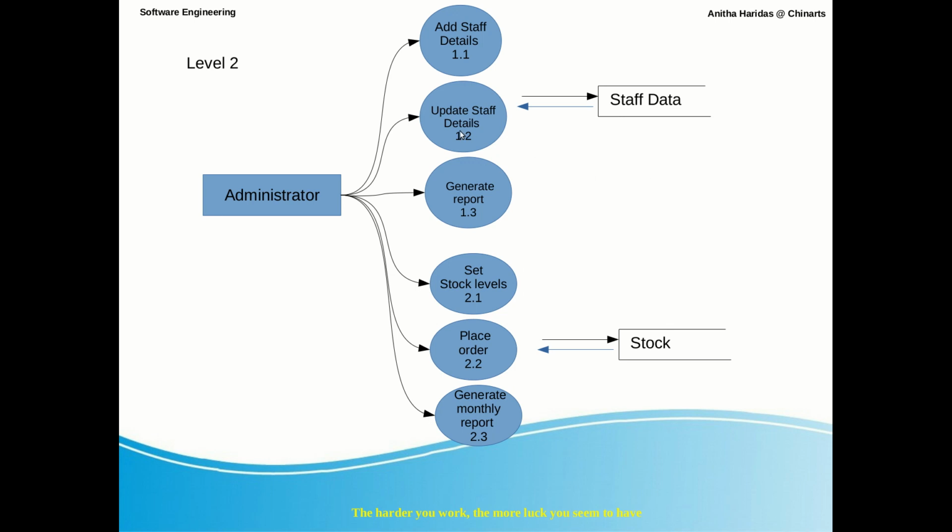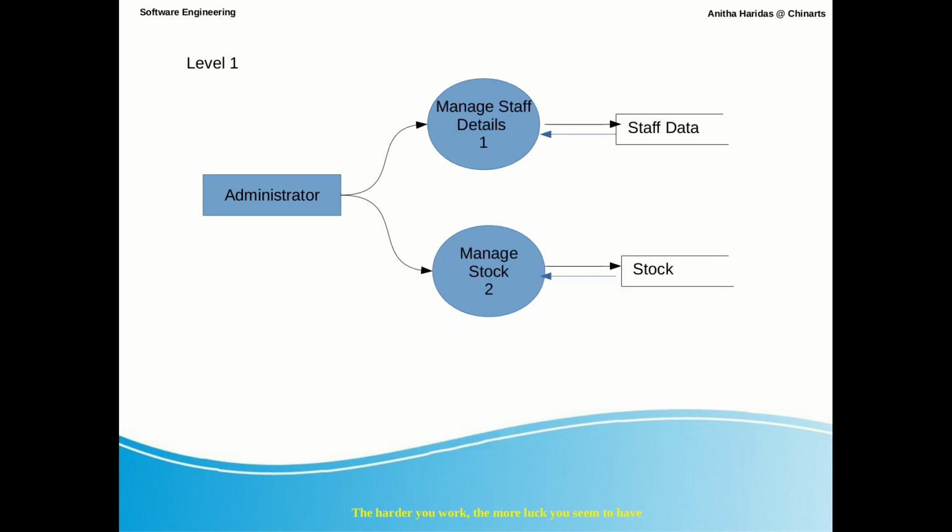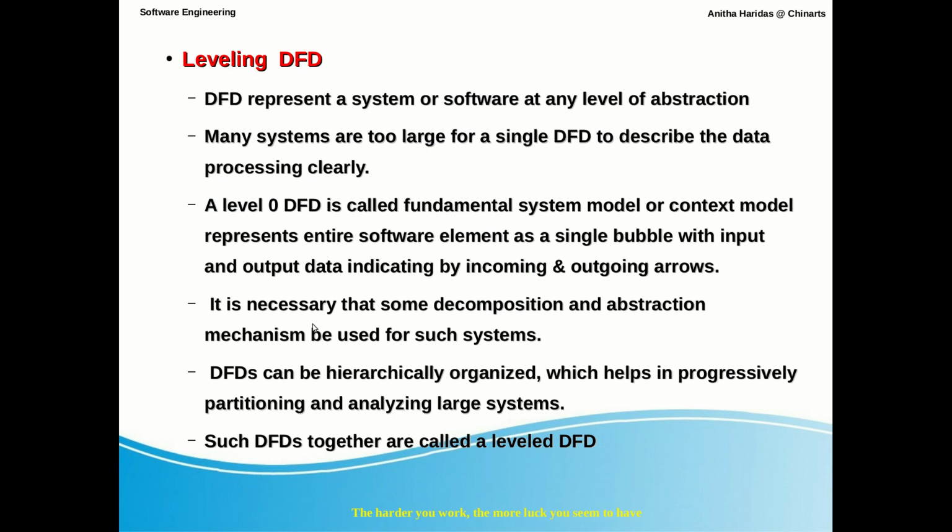So what you will be having? 1.2.1 will be deleting staff details, 1.2.2 will be modifying staff details, which you will take to level 3. Like that, until you get a smaller unit, you can start decomposing the processes to analyze all the requirements of the system. This is what you call as leveling of data flow diagram.